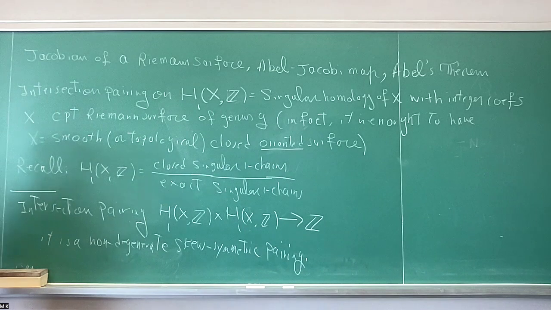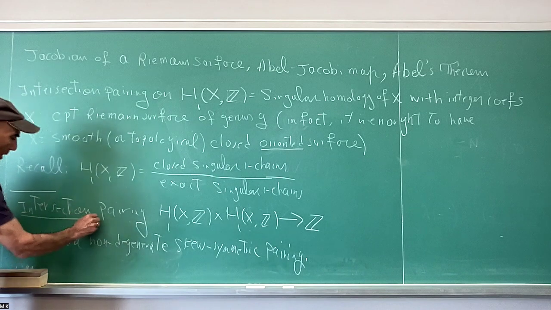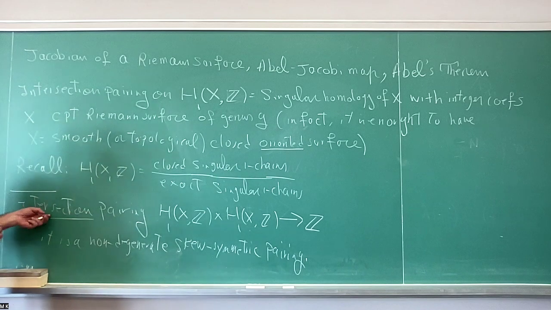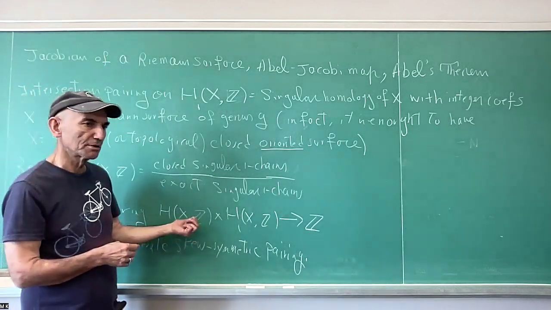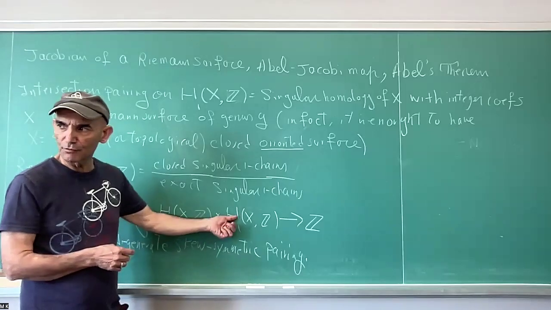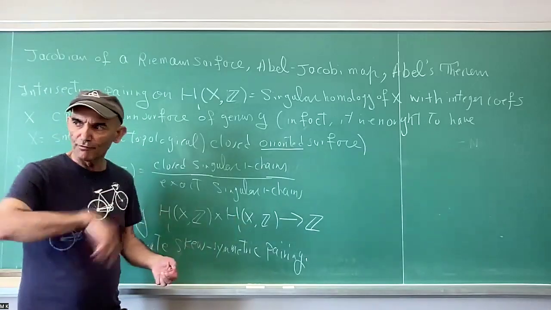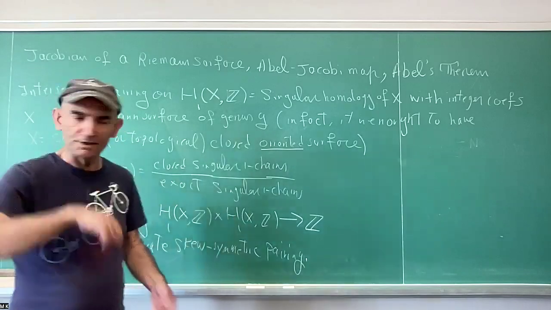So how do we define it? There are different ways to define this, but the classical original way is reflected in the name of the object. It's called intersection pairing. So what we're going to do is intersect curves here and curves over there and count the number of intersection points up to multiplicity.